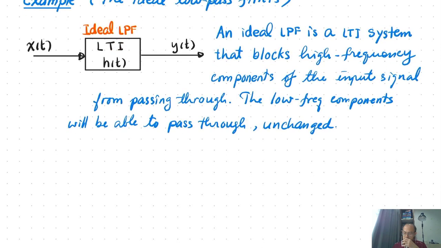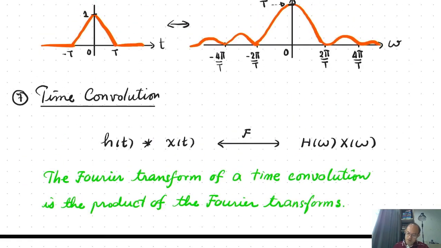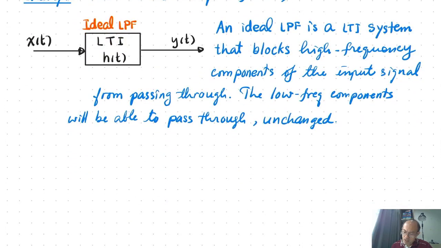So according to this definition, and according to the time convolution from chapter 2, we know that the output signal is written as the time convolution of the impulse response of the system and the input signal.